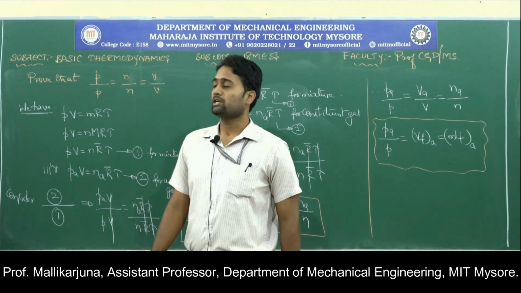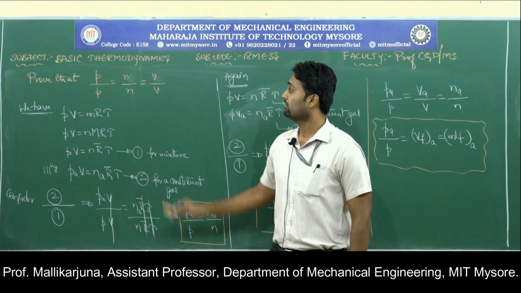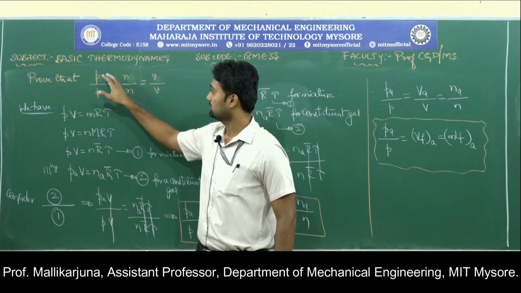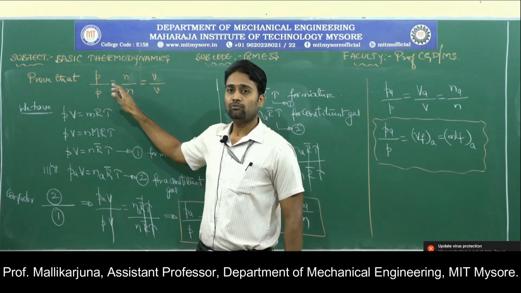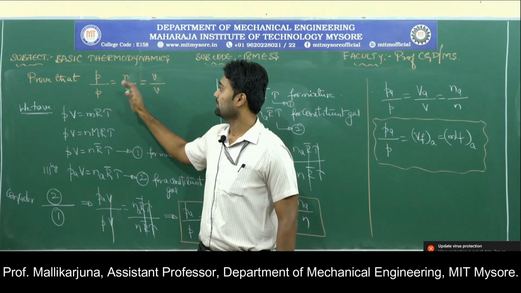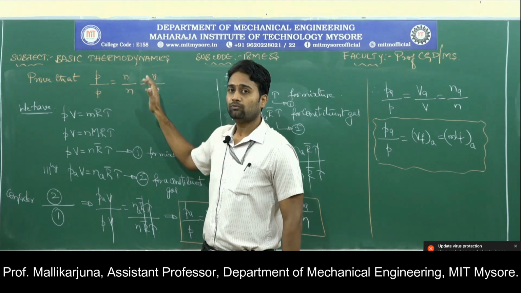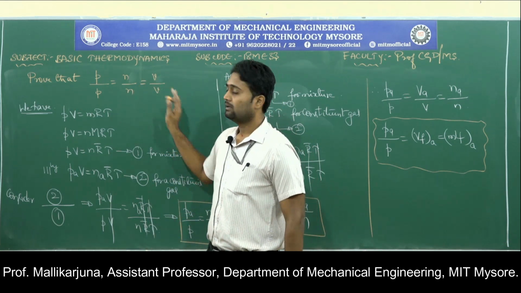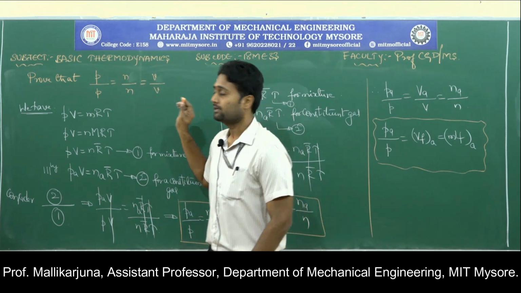Okay, let us look at the final expression. We have something to prove here. The proof is like this. The ratio of partial pressures will be equal to the ratio of mole fractions, which will be equal to the ratio of volume fractions. I will write the final form here itself.